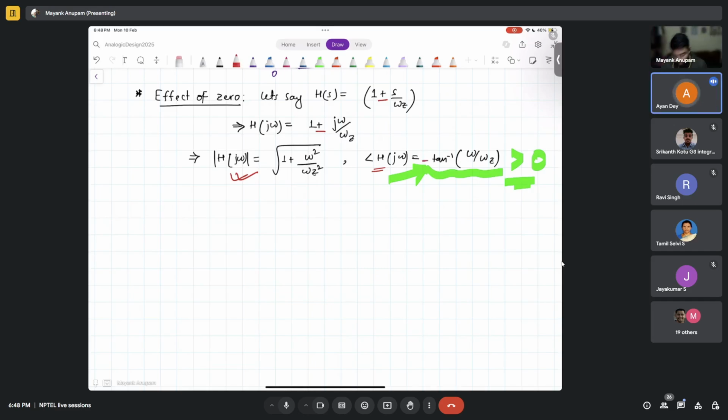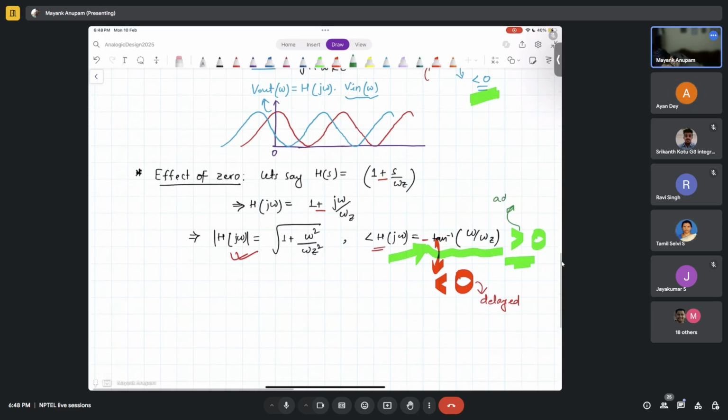So the angle of H of j omega will become less than 0, which means the system will be delayed. And the earlier case means the system is leading, advanced.